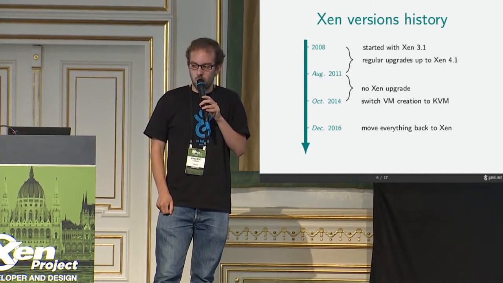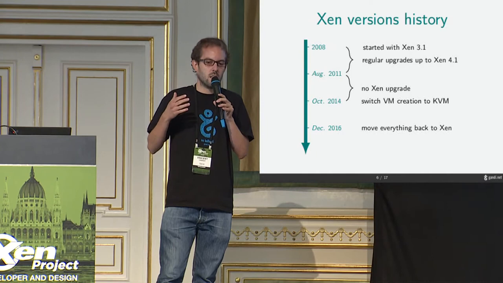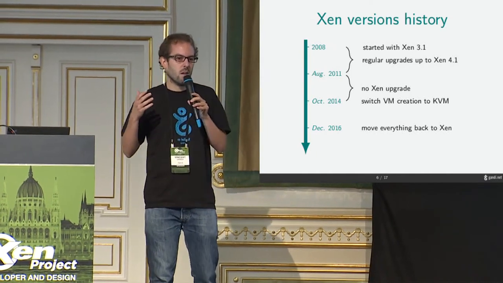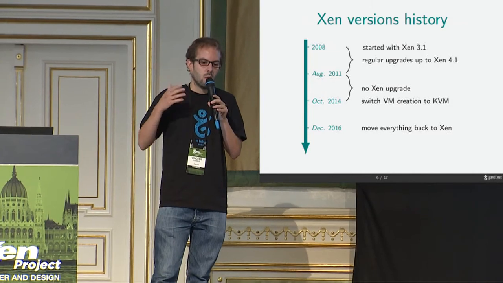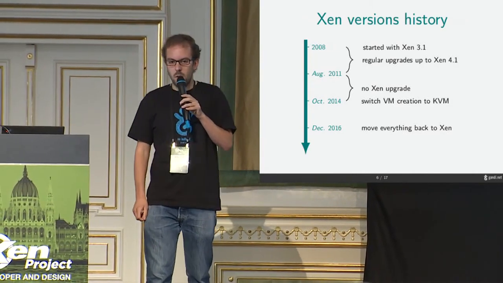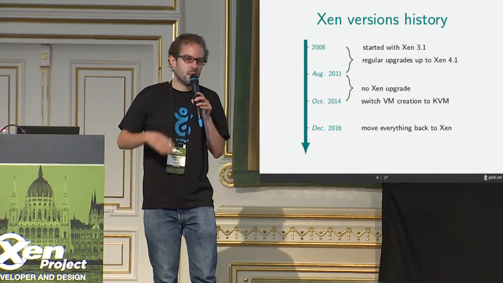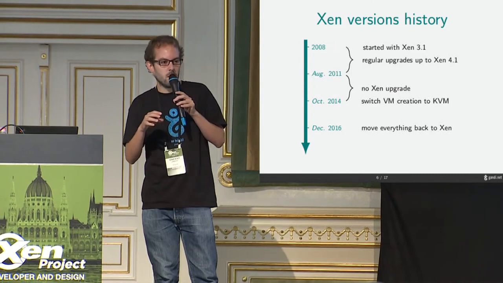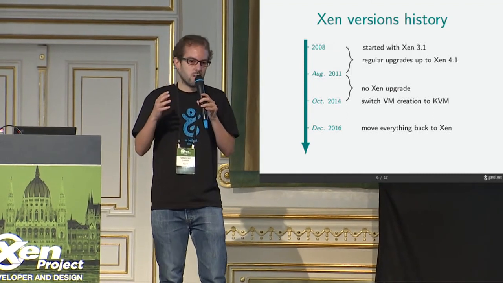for some reasons. One reason was that the issues we had with Xen in 2011 were no longer valid, so we no longer have the issues that we had with the Xen tool stack. Also, we realized that with KVM, having the kernel tied with the hypervisor maybe wasn't such a good idea.